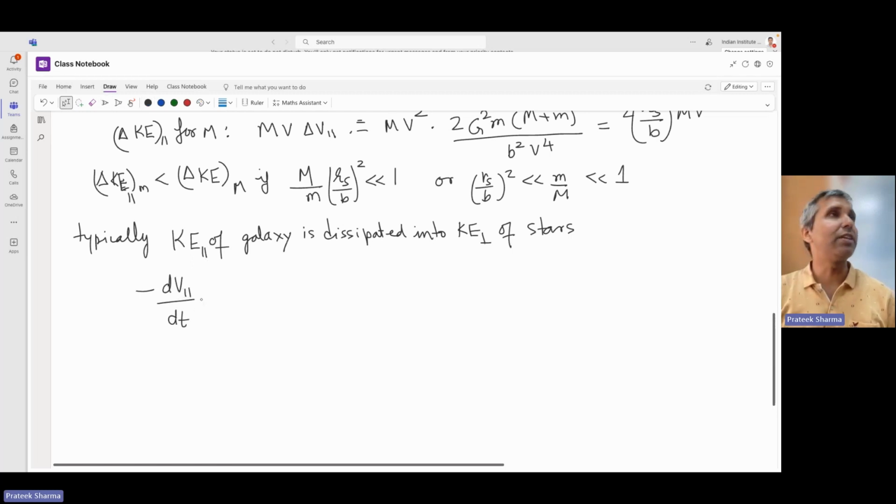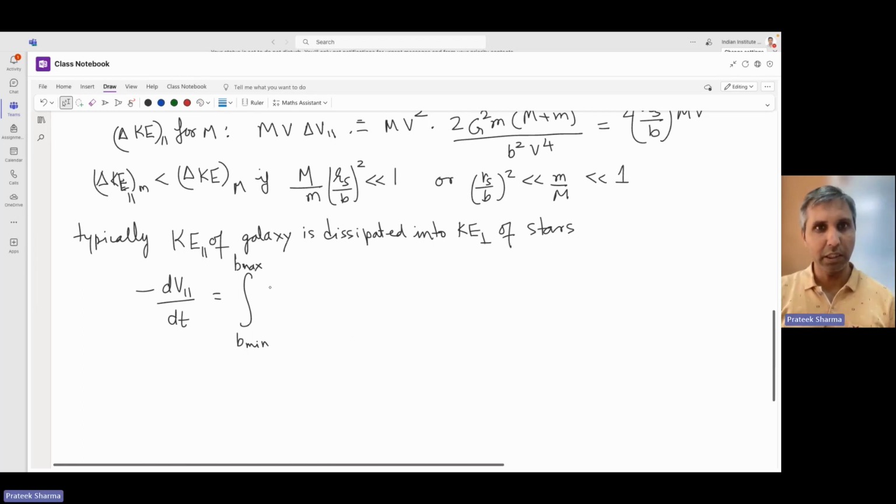This is the rate of change of parallel velocity of a galaxy. This is equal to, let me just write down B min, B max. This impact parameter concept appears everywhere, so it's a good idea to learn this once very well. It will help you in various places.